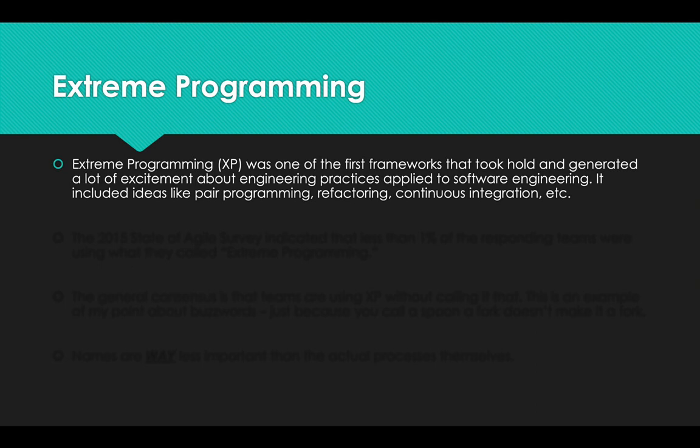And so there was a lot of excitement around engineering practices applied to software engineering, particularly these extreme programming concepts like pair programming, where two programmers, hopefully one of more experience and one with less experience, would be paired up to solve a problem as a way of cross-training, but also a way of making sure that developers weren't making careless errors when they were trying to do kind of menial tasks by themselves.